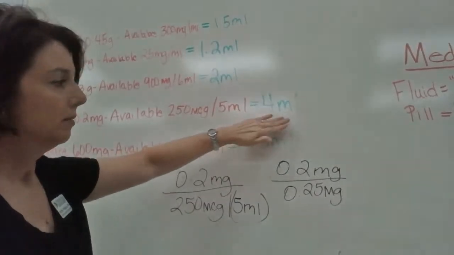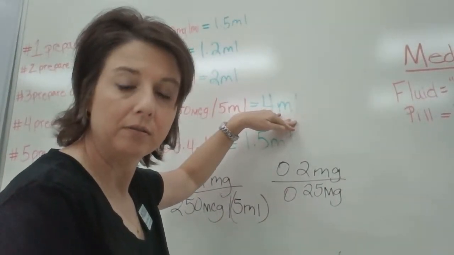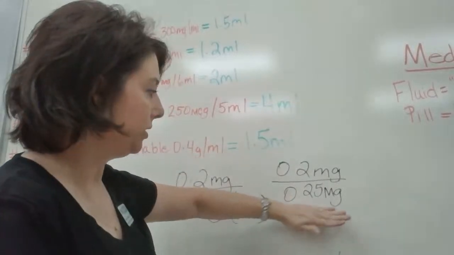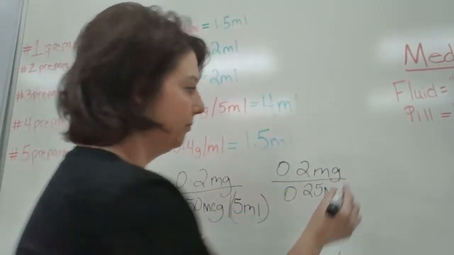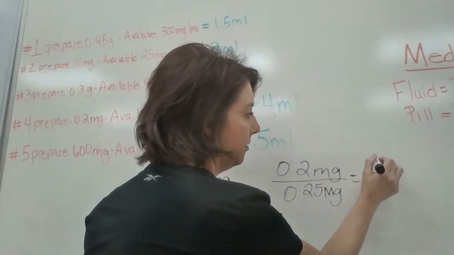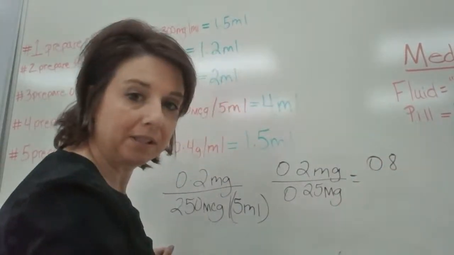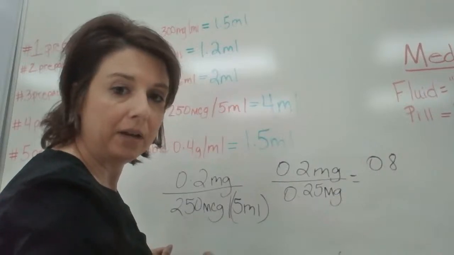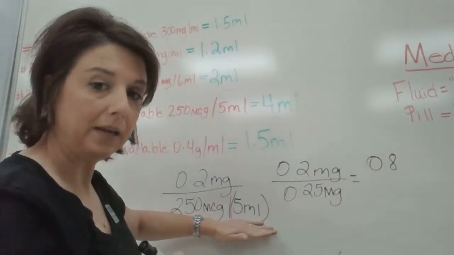Okay, so here's our next step. We're going to divide 0.25 into 0.2, and this is going to give 0.8. We have that extra step because it is 250 micrograms per 5 ml.